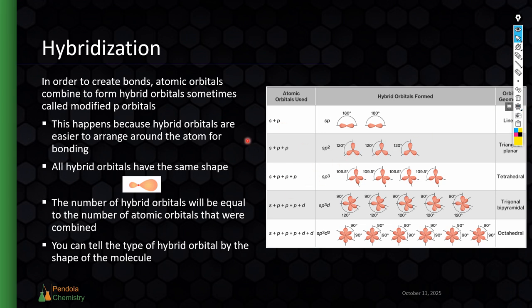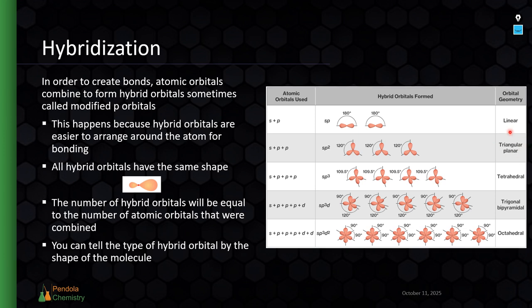So get rid of this and go back to the PowerPoint. So we can see here that this chart shows us which shapes form which hybrid orbitals. If we have something that has a linear structure, it forms sp hybrid orbitals, so that we can have that linear structure with an s and a p sublevel.